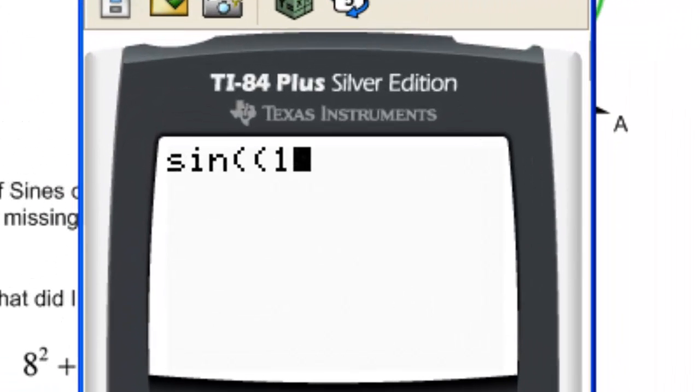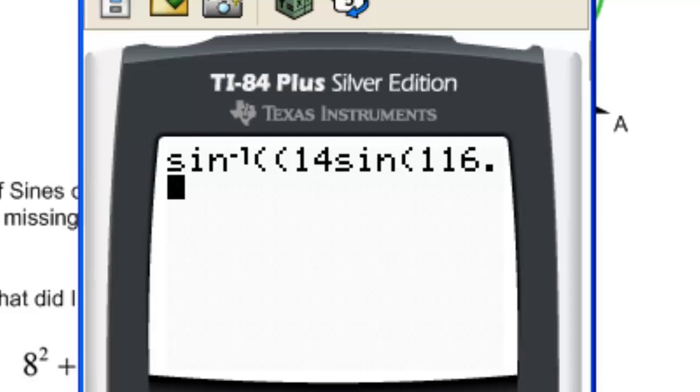So let's type that in. I'm going to have the inverse sine, and I'm going to put the numerator in parentheses, 14 sine of 116.8, divided by 19.